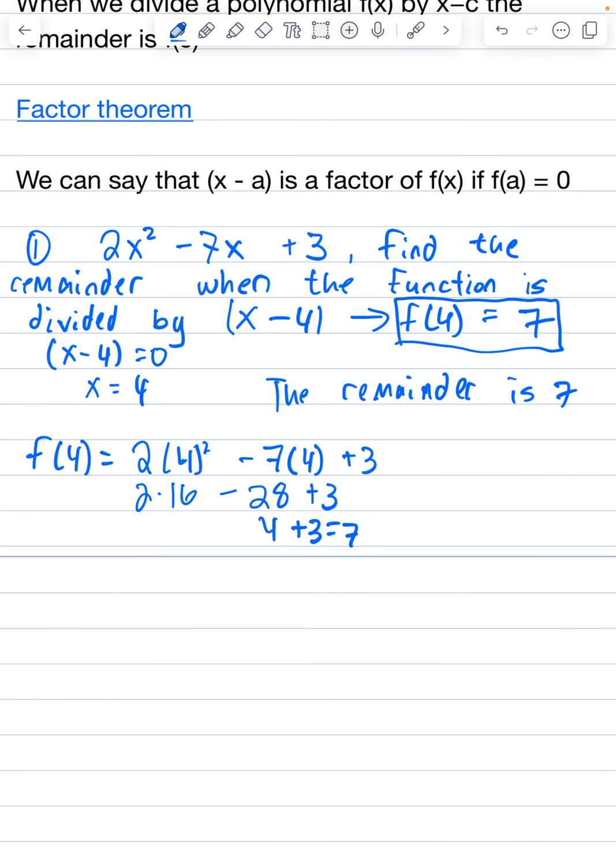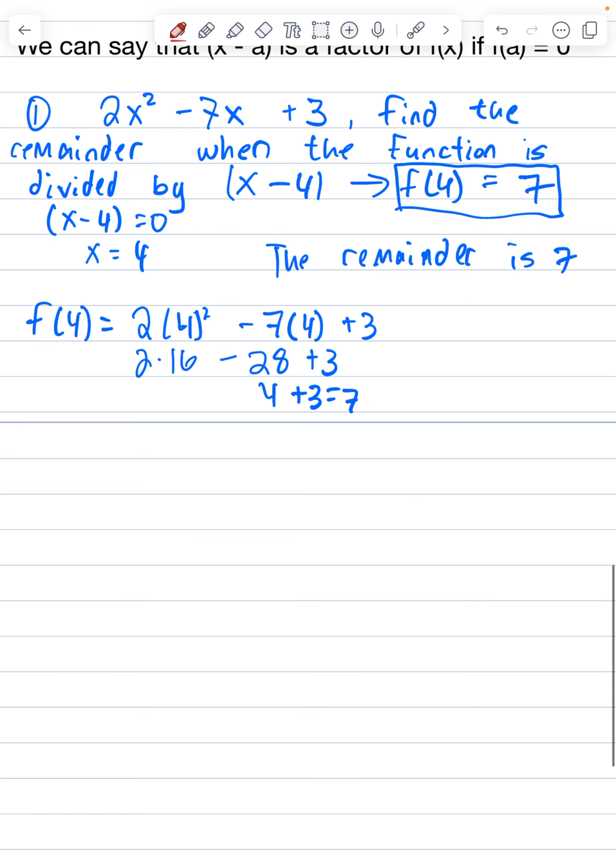Now let's take a look at another example, a graphing example with the remainder theorem. Let's say I have an equation, 4x cubed minus 2x squared plus 6x minus 3, something like that.